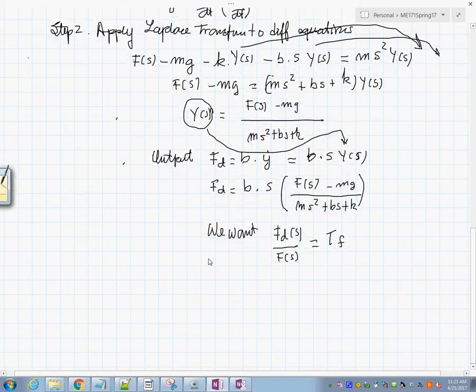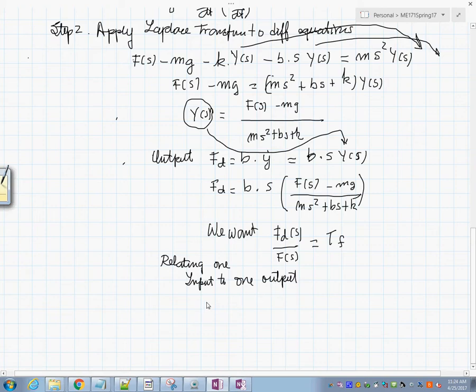Okay, so we ignore this input for now because we are only going to relate one input to one output.